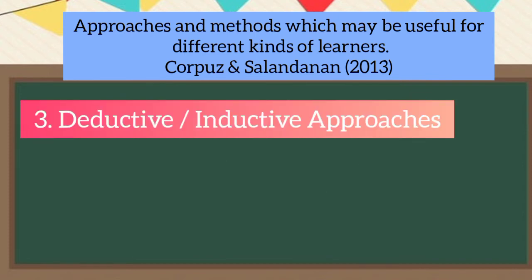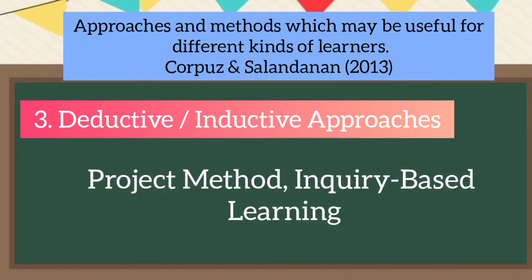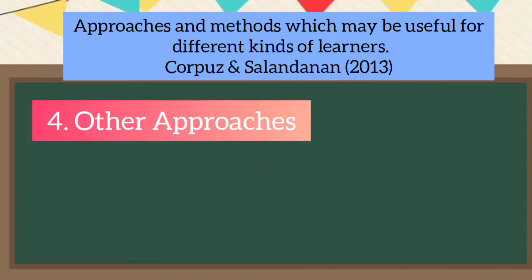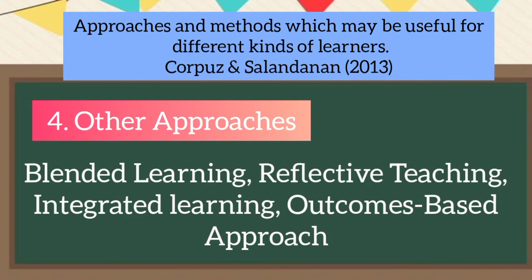We will now come to the third types of approaches, which is the deductive or the inductive. It includes the project method, inquiry-based learning. The fourth one is other approaches, which include the following: the blended learning, the reflective teaching, the integrated learning, and the outcome-based approach.